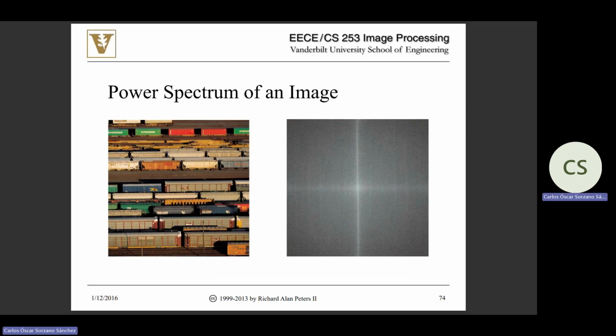Yeah, so some more interesting ideas. We have introduced an image, the Fourier transform, the power spectrum of that image, that we say if it is deterministic, it is the absolute value of the Fourier transform squared.